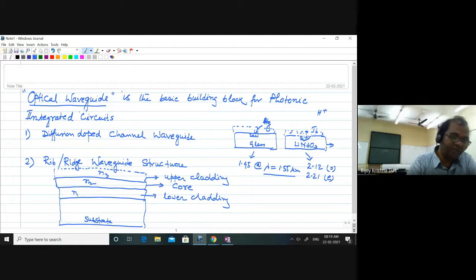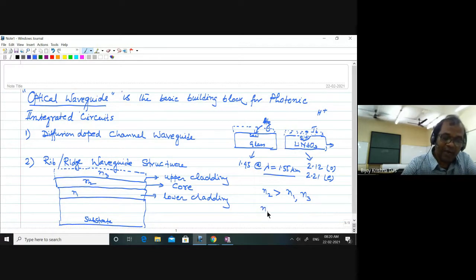So with these three different material systems, deposited one after another, you should be careful that N2 should be greater than N1 and N3, because N2 is the core.